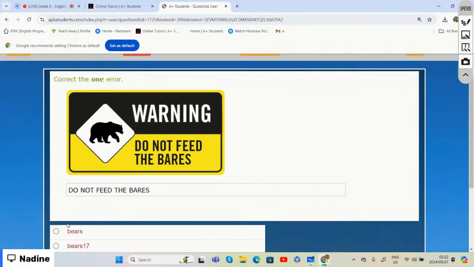And if we look at over here, it says warning, do not feed the bears. Is it option one, bears, or option two, bears? Which one is correct?